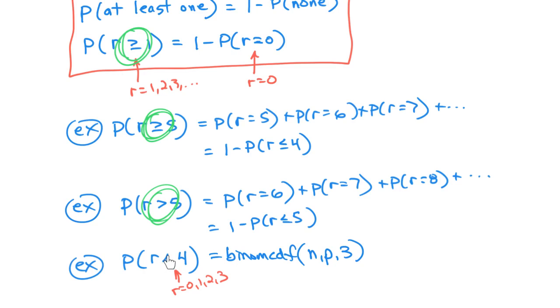If this said less than or equal to 4, then there'd be a 4 here and a 4 here. But the main thing I want you to see is when it's greater than or equal to, we need the 1 minus binomial CDF. When it's just less than, we're good to go with binomial CDF.